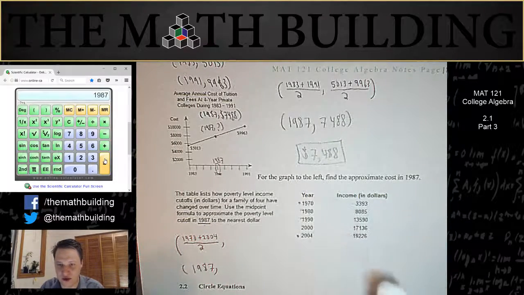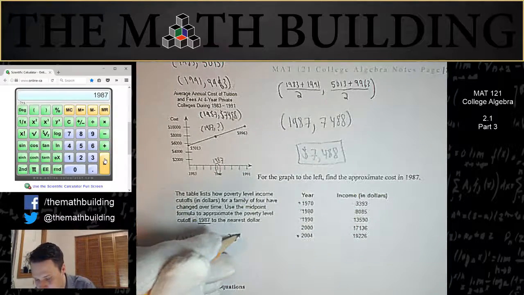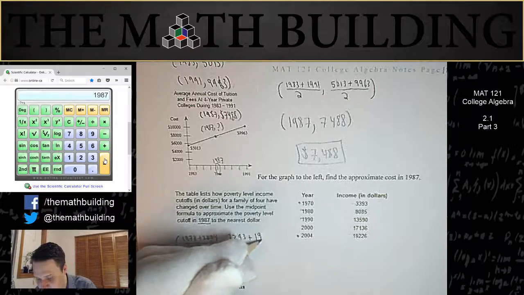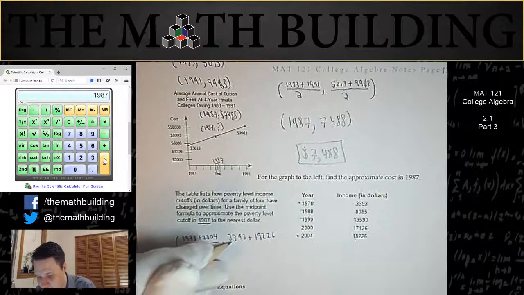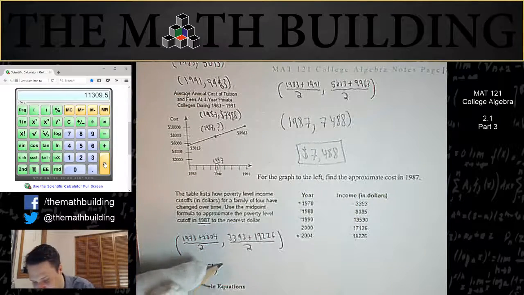And it's nice because we're using all the data. So let's add their y values, 3393 plus 19226 divided by 2. There's the y values. So 3393 plus 19226 divided by 2, and we get 11309.5.